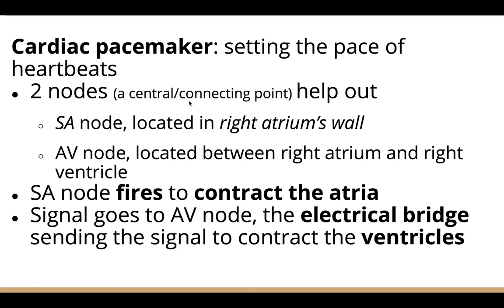So that SA node signal goes to the AV node, which is the electrical bridge, sending the signal to contract the ventricles. Feel free to pause here to finish getting down your notes on the SA and AV node. Again, you need where they are, what are their names, and what each one does.